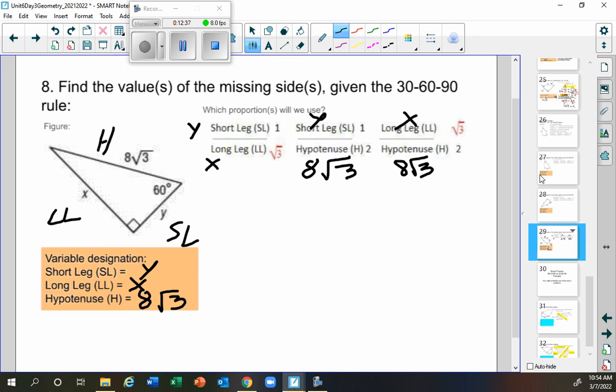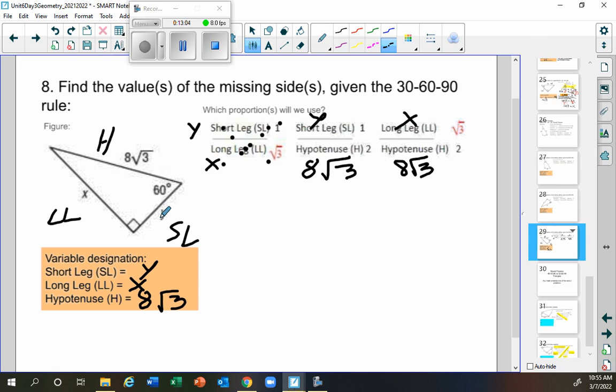Okay, so out of the three, which proportion will we not use for now? Okay, so we're not going to use this one for now, but I'm going to put a temporary X. All right.